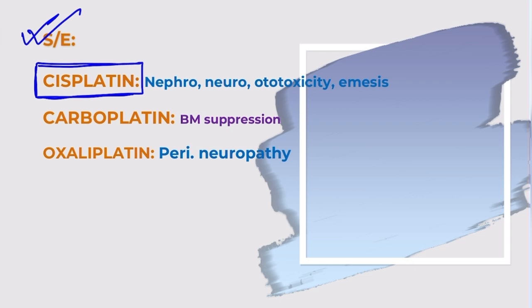Side effects, I am telling you repeatedly, be serious about cisplatin. This is one very important drug, especially side effects. Nephrotoxicity, neurotoxicity, ototoxicity, and emesis. And there are a few frequently asked questions in Viva.